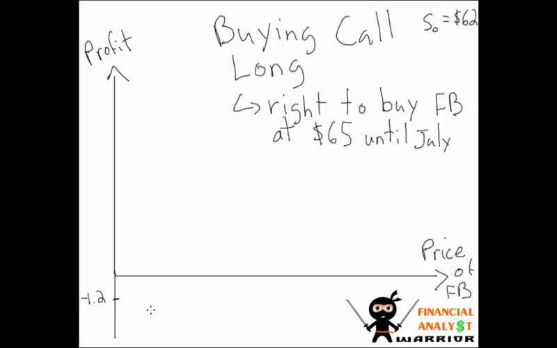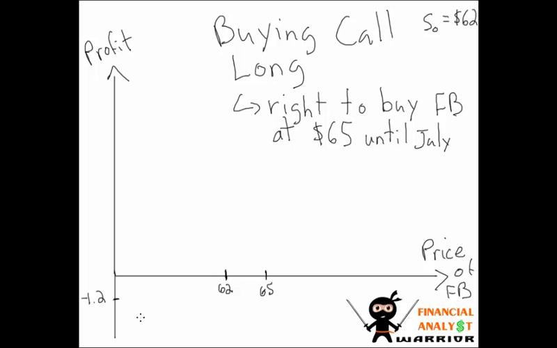Now, what's happening is, if nothing happens, let's say the stock price stays at $62. Let's say 62 is somewhere here, and 65 would be somewhere here. It doesn't really matter; it's just to show you what's happening. Well, if the price stays at 62 or below, there's no real reason for me to exercise at 65.